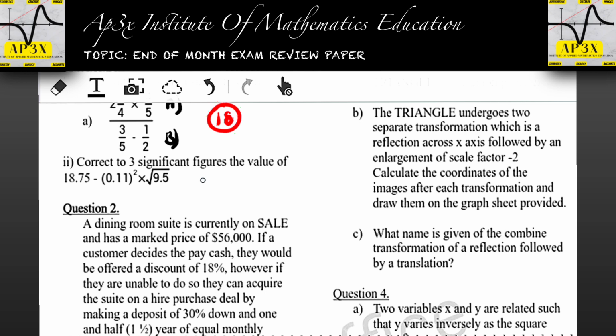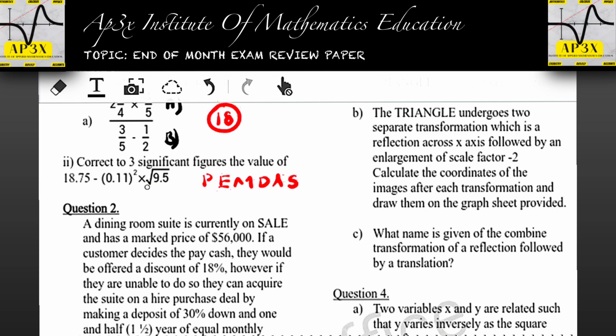So here we must remember the rule of PEMDAS, and I have a link that will be pinned in the description, or you can find it pinned in the comments section below, where you can work on your fundamentals of using the PEMDAS rule.